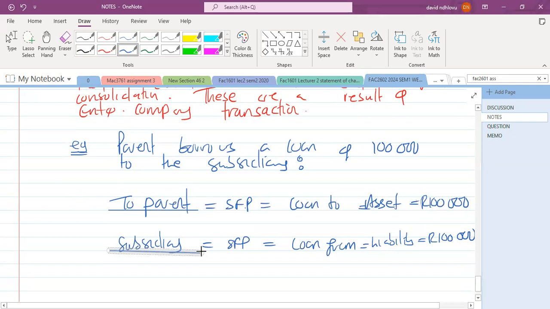That's consolidation. In essence, when we look at the two companies as one, we are saying that a company cannot loan itself money. Are we clear about that, good people? In the separate financial statements, fine, the parent can recognize an asset and therefore record this in the what? Statement of financial position.